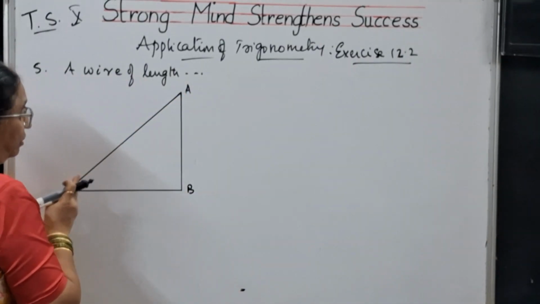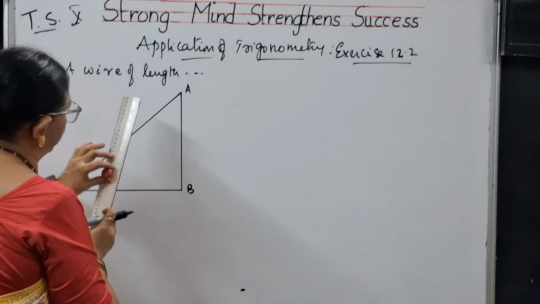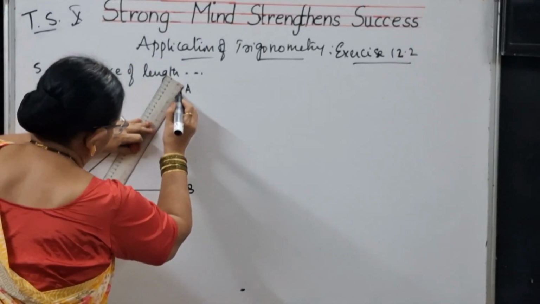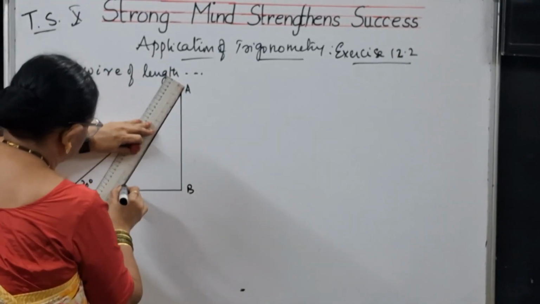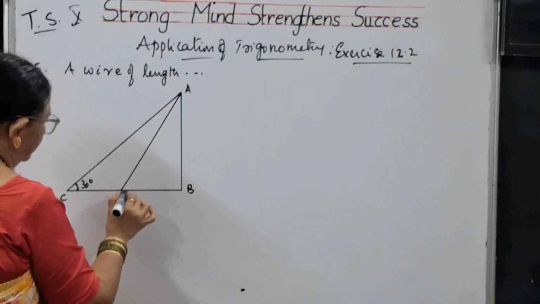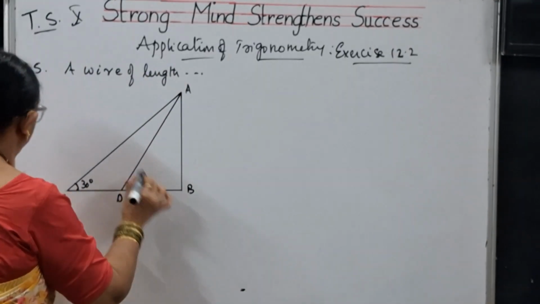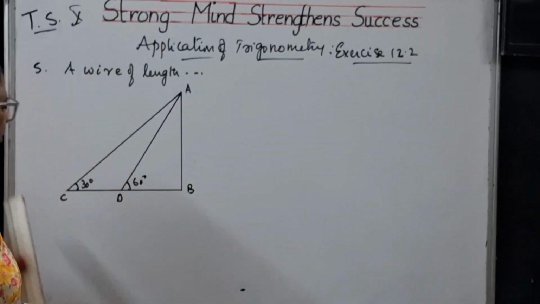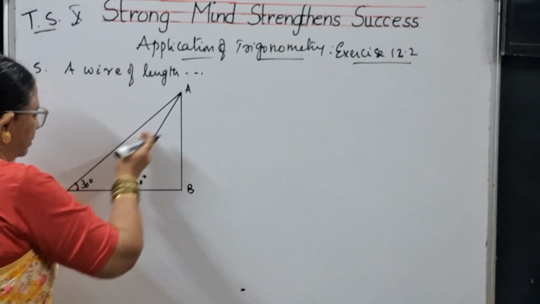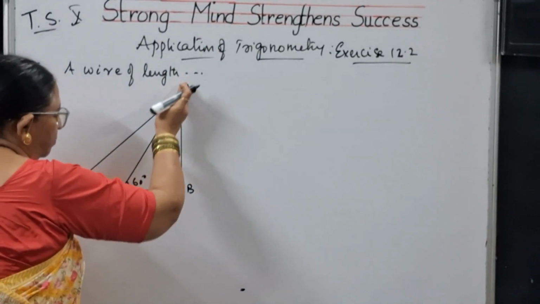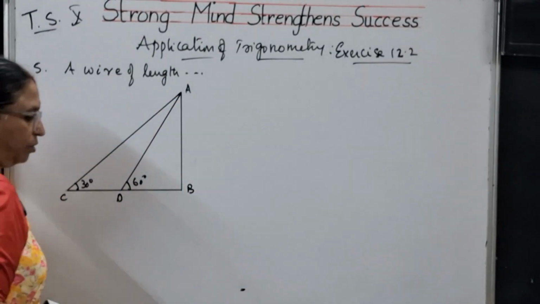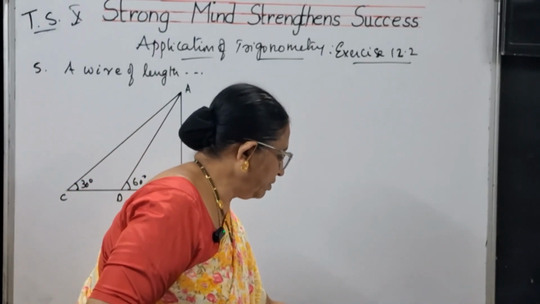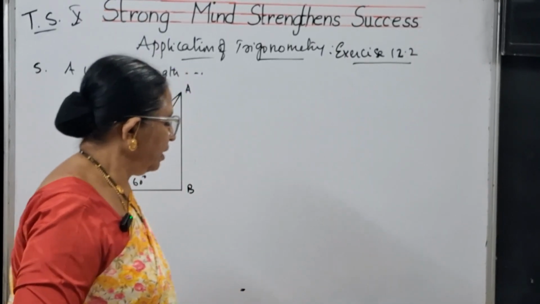They cut this wire to an extent so that it makes an angle of elevation of 60 degrees with the ground. That means what? This is more length and some length is removed here. So now the question is, how much length of the wire is cut?